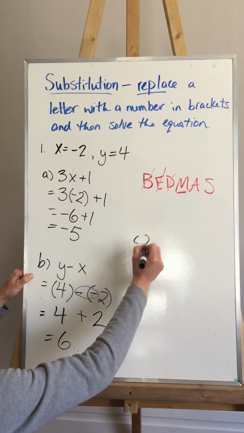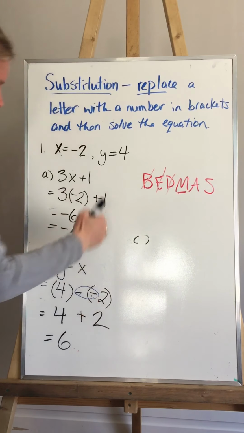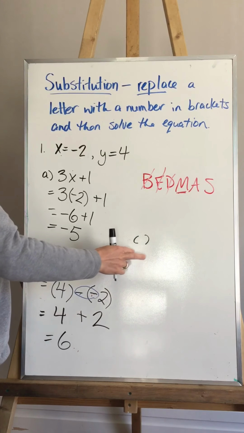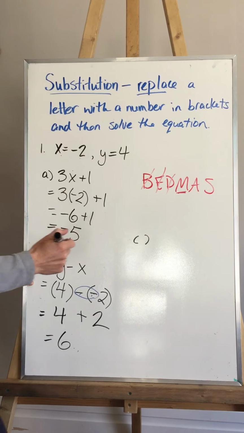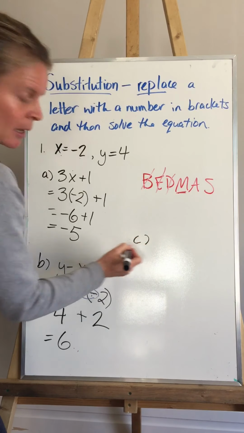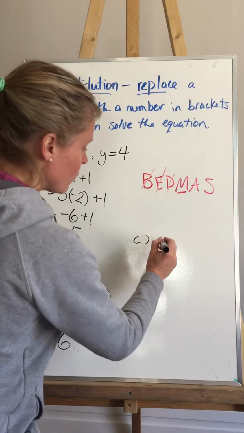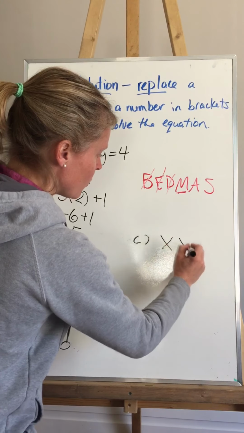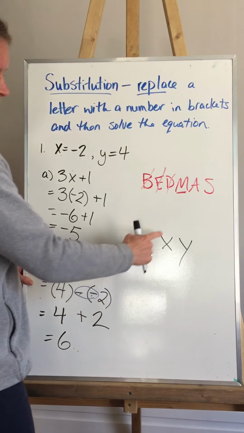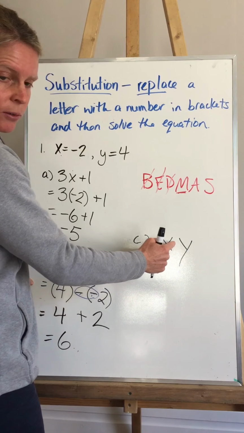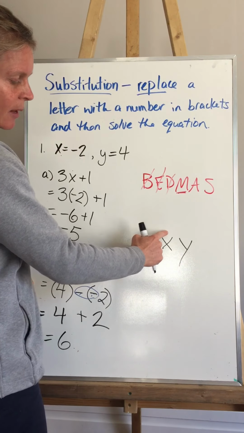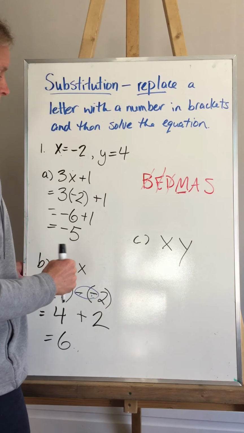Okay, one more example. Now that we've done a couple, be sure that you are pausing, trying the example, and then checking. Okay, it's the best way to get the most out of these lessons. So C is just xy. Okay, so we know because there's no operation in between, there's no plus sign, there's no minus sign, that it's x times y here.